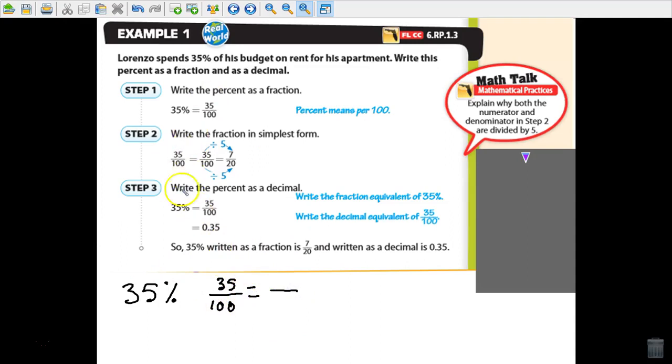So, for simplest form, we find the GCF, or greatest common factor, of 35 and 100. My factors of 35 are 1, 5, 7, and 35.